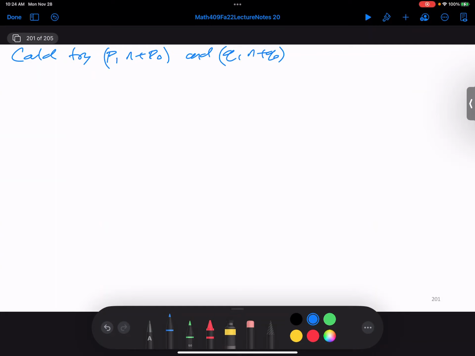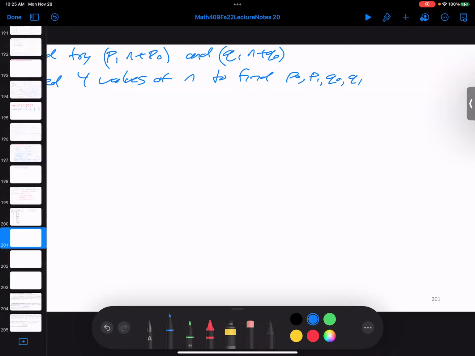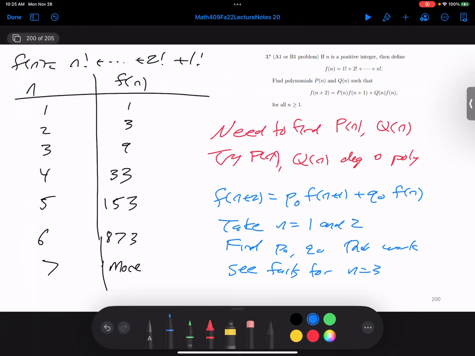So we need 4 values, right? 4 values of n to find P0, P1, Q0, Q1. That's not too bad. And then we still have a couple of values to check and see if it works. So this would actually allow us to find polynomials of degree 1 that work. Do you think we'll be able to find polynomials of degree 1 that work?